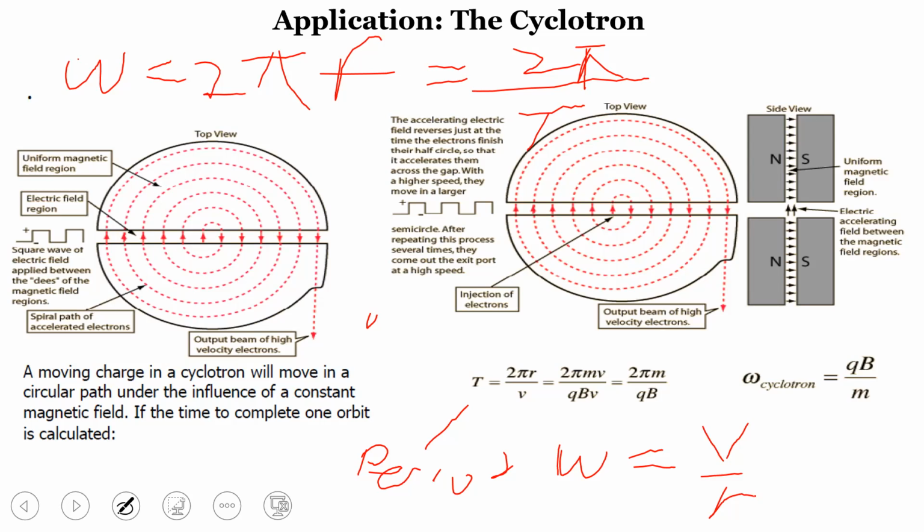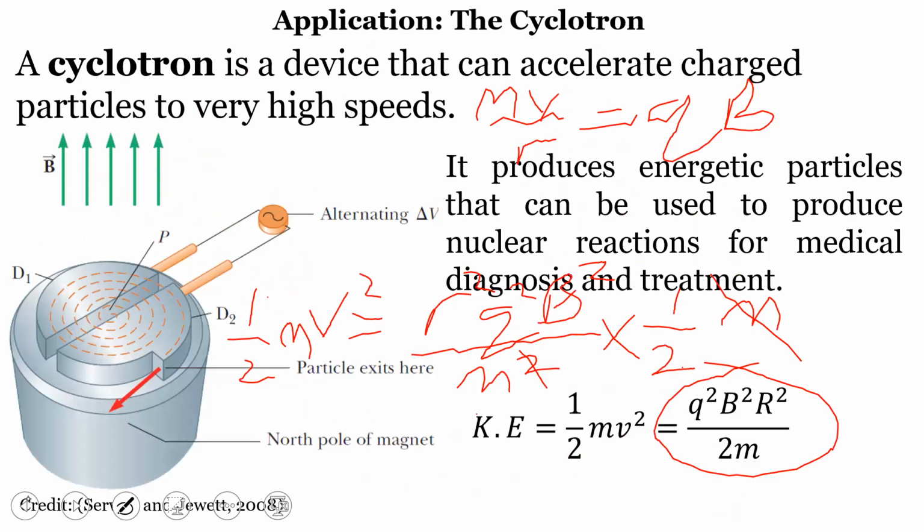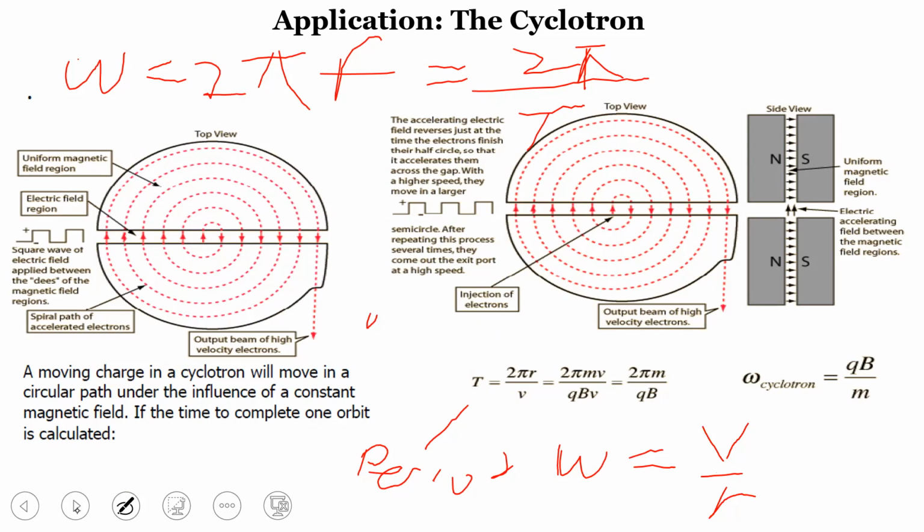And we have expressions for r. We can bring in the expression for r from these equations, mv over r equals QB, and we have this beautiful expression called the cyclotron frequency.